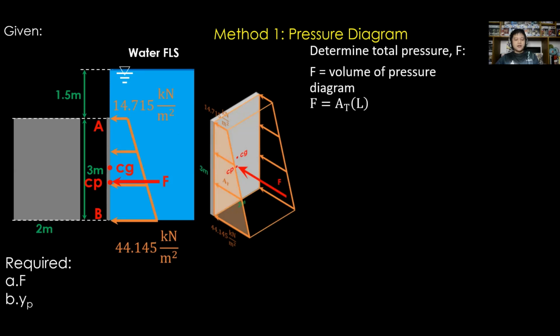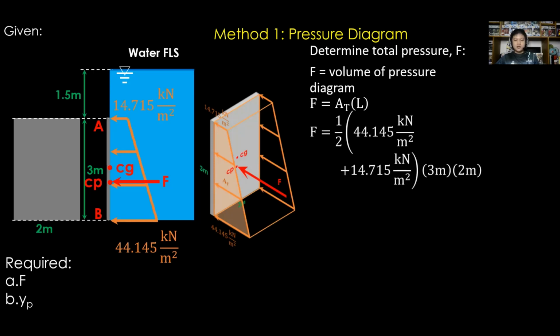For F, it is equal to the volume of pressure diagram, or A sub T, the area of the pressure diagram, multiplied to L, that is the width of the surface. Substitute the values. F therefore is the area of the trapezoid equal to 1/2 times base 1, which is 44.145, plus base 2, that is 14.715, and multiply to the height of the trapezoid, that is 3 meters.